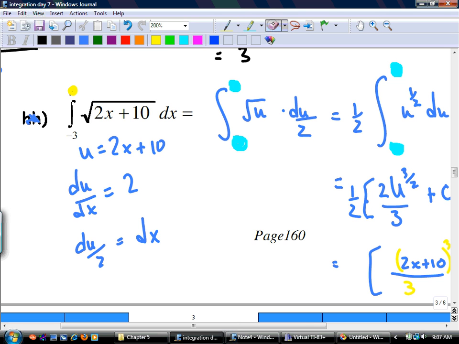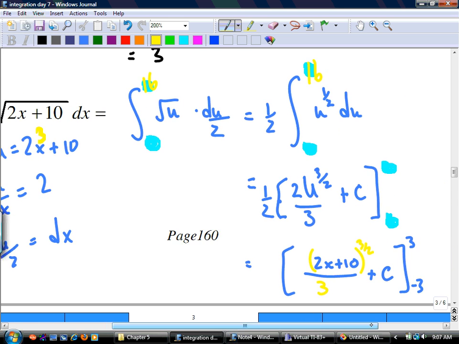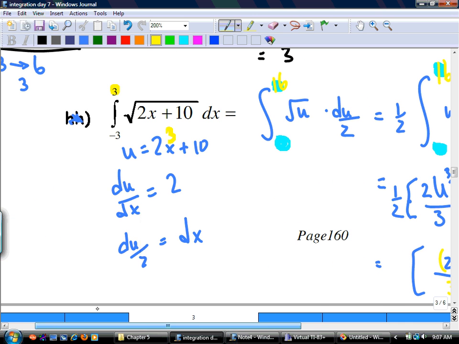Two times 3 is 6 plus 10 is... So, Mr. Epp, you could stop right here and put 16 in for u, and you would get the same answer. And you do the same exact thing.